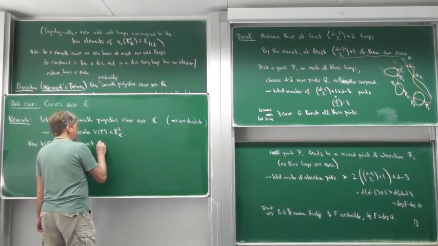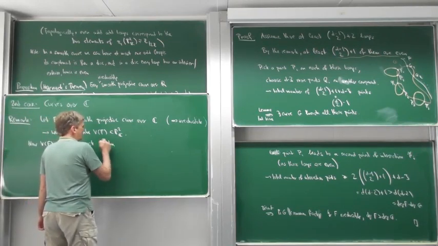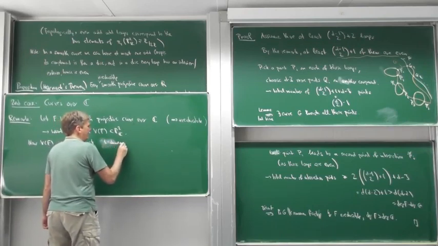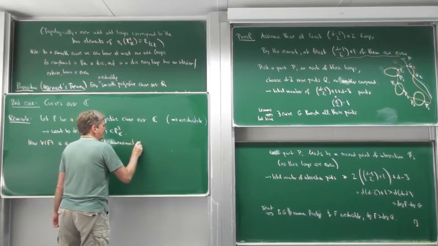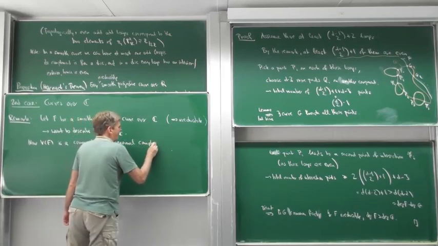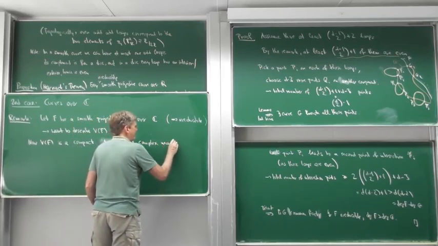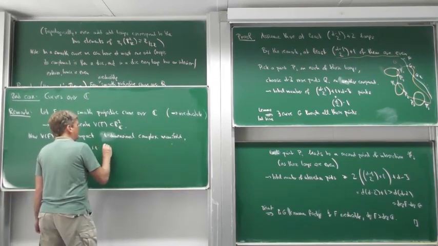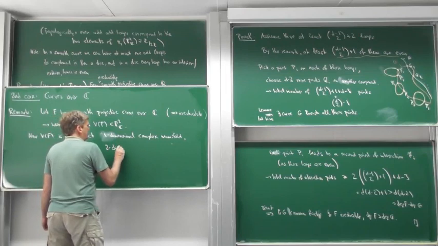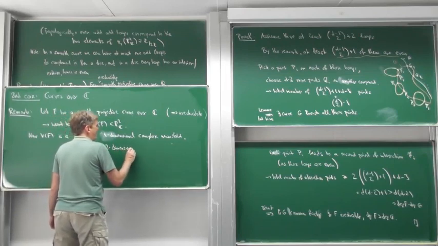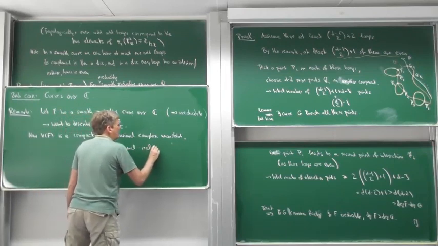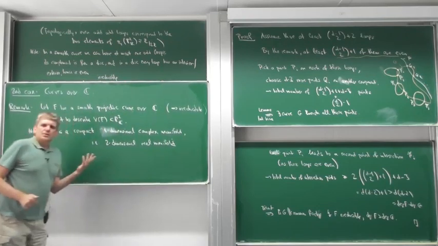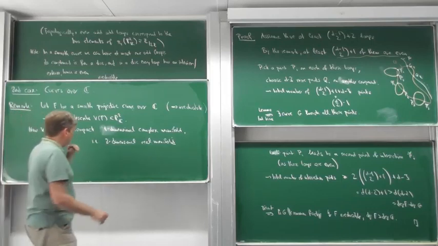So it is a compact 1-dimensional complex manifold, and that's real 2-dimensional, i.e. a 2-dimensional real manifold, which one would probably just call a surface. So something 2-dimensional.